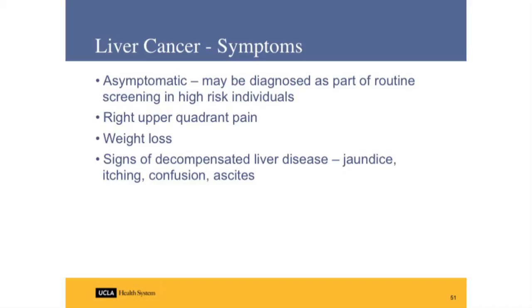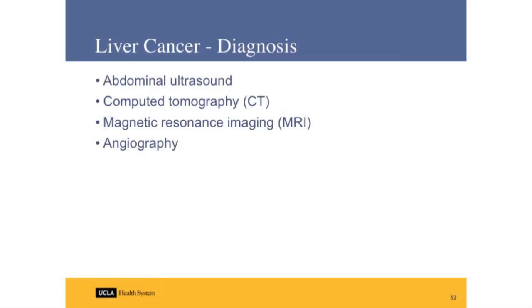And then when patients have decompensated liver disease due to the cancer itself, they might have symptoms like jaundice, itching, confusion or ascites, which means swelling of the abdomen, leg swelling. So the diagnosis is by abdominal ultrasound, oftentimes a CT scan, MRI, or angiography.